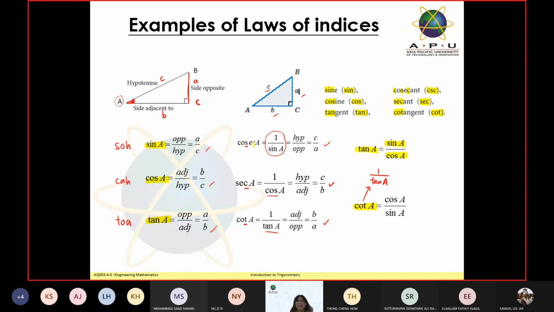Yeah, exactly. Okay, here we are just trying to introduce other trigonometric functions other than the basic sine, cos, tangent. Cosecant is the reciprocal of the sine, which is 1 over sine. Secant is 1 over cos, cotangent is 1 over tangent. This is something further on trigonometry.